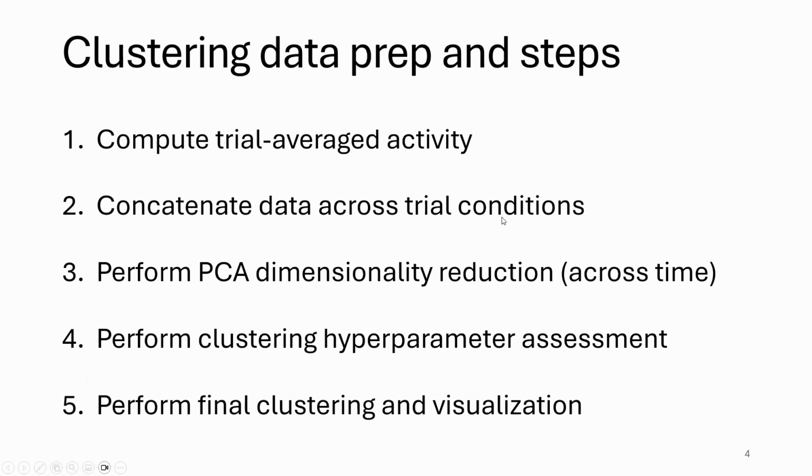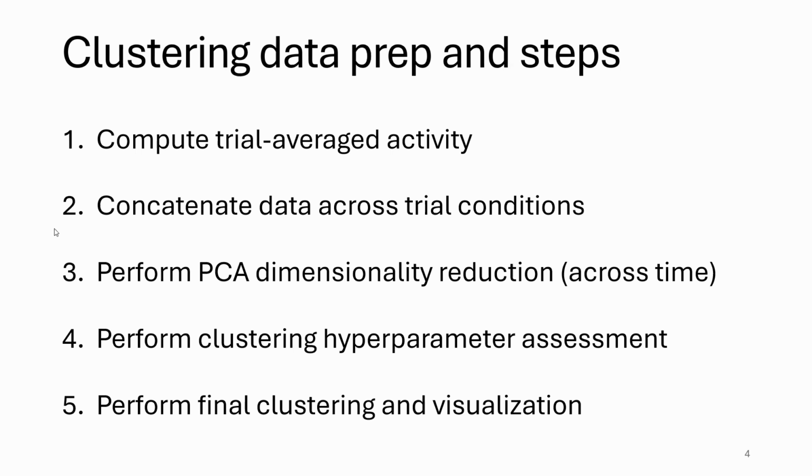You might also be wondering, how do you do that if you have multiple conditions? Because that's another dimension. Here is kind of a cheat, a roundabout way of doing this, and I'll show you more visually how we do it. We take our trial average activity for your different conditions and stitch them together.